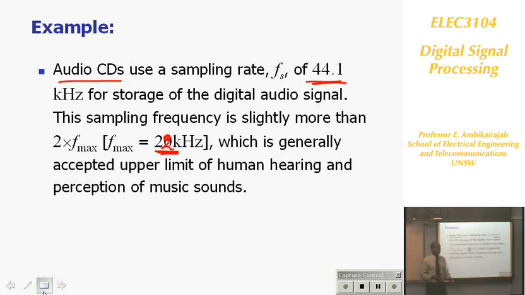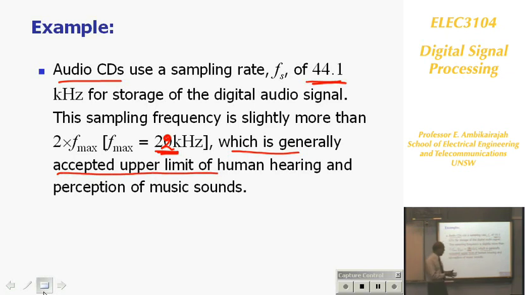Because the ear bandwidth is about 22. So if the ear bandwidth is 22, then your sampling is going to be double that, 44 kilohertz. So 22 kilohertz is generally the accepted upper limit of human hearing and perception of music sounds.